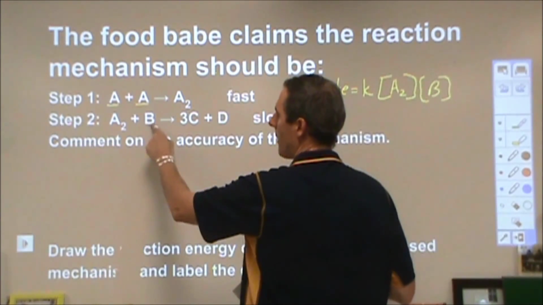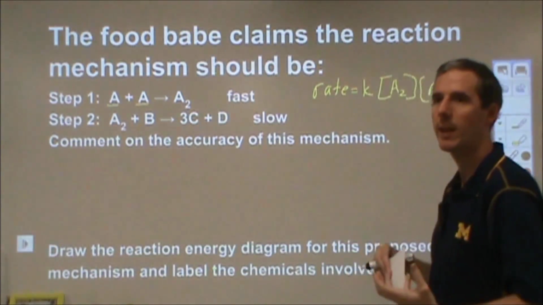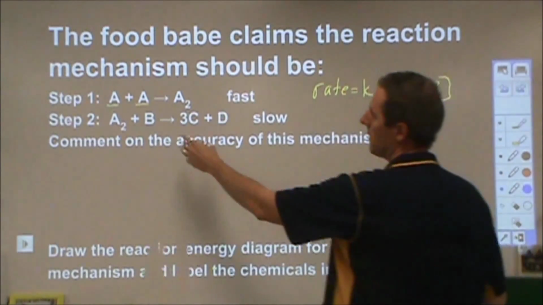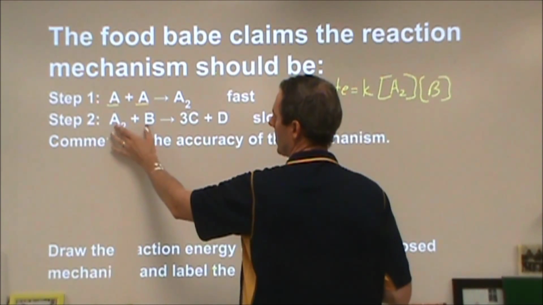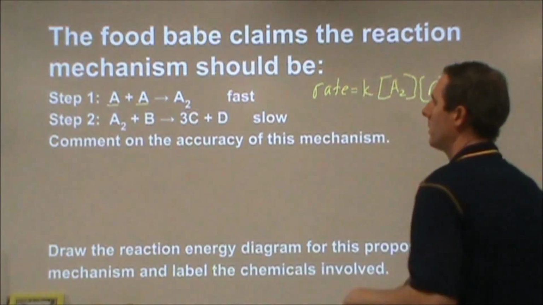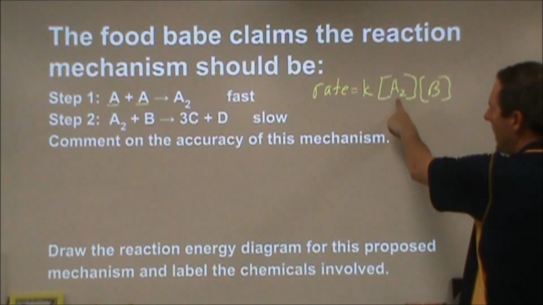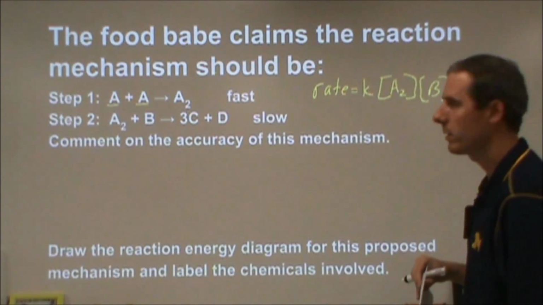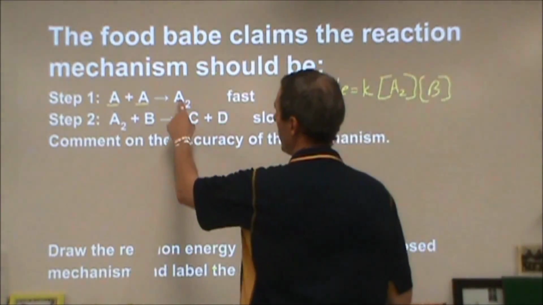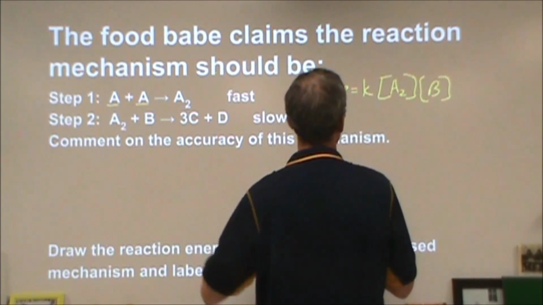So the more of this you have and the more of this you have colliding, the faster that step is going to be. This step doesn't matter as much because that just goes to set up this step, but this is occurring very quickly. Now, we don't want to have A2 in our mechanism because that's not actually a reactant or a product. So we're going to actually get rid of that and replace that with these two A's here.